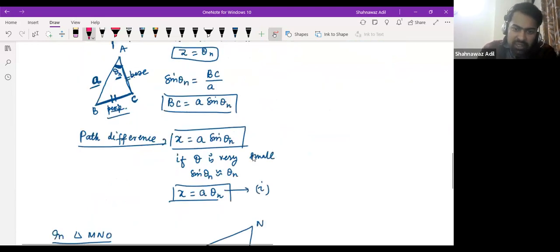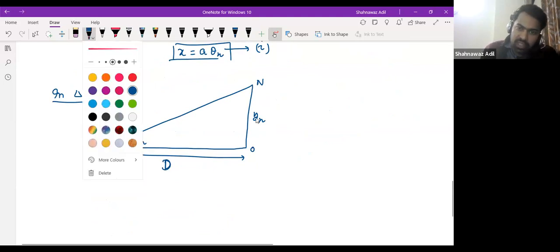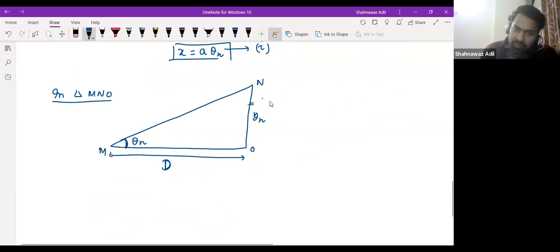So now you guys tell me what relates. This is because if this is the angle, then this is perpendicular, right? This is perpendicular, yes, and this is base.